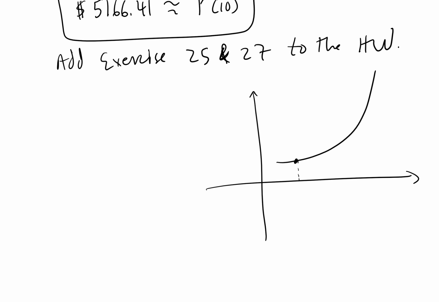This is x. If you move an h distance, this becomes x plus h. Project it up to the function f. If you project it on the y-axis, this gives f of x. Projected here, that's f of x plus h.